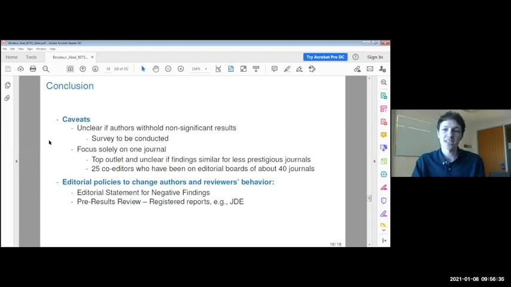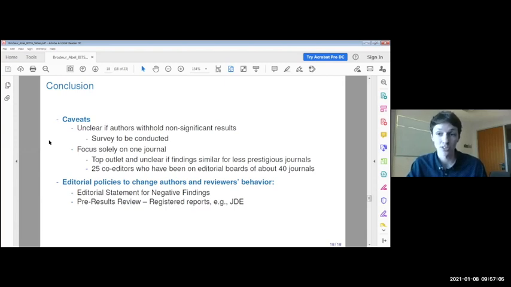And here, as I said, in our sample, we have 25. So we seem to have a lot of co-editors. It's one journal, but it's a lot of individuals taking decisions, and it seems that they more or less all behave in the same way. But also what's interesting is these 25 co-editors are really famous people, really important people in the profession. And I've actually looked at all their resumes, and they've been on editorial boards of lots of journals as associate editors or as co-editors.